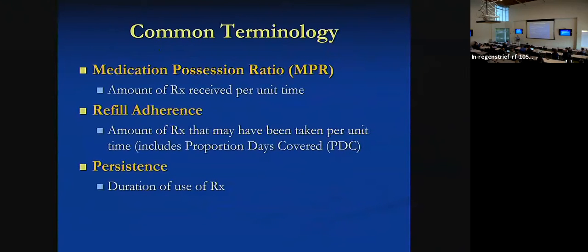So these are some of the common terms that we have. Medication possession ratio simply is the amount of drug that the patient has access to. And it used to be that we did a very good job in supplying our patients with drugs.